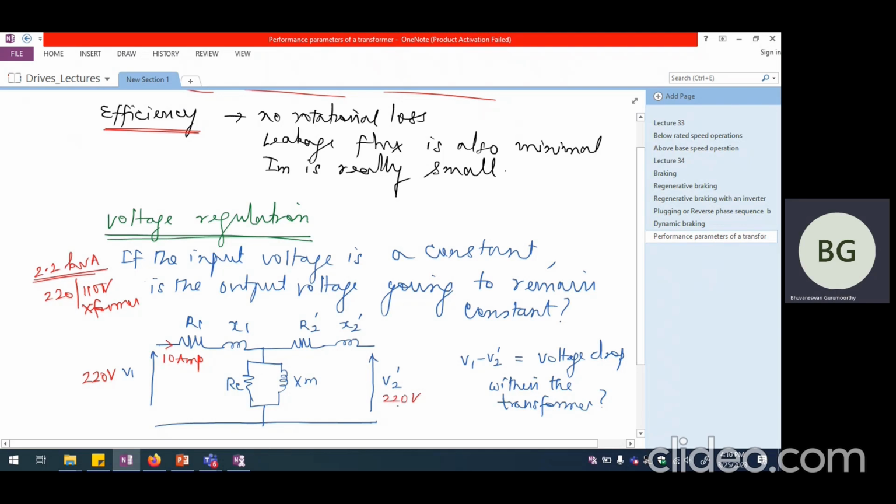So will I get the complete 220 volts when I apply 220 volts on the primary side and 10 ampere is flowing through the transformer? If I'm getting only 218 volts instead, then 2 volts go as the drop within the transformer itself. That definitely tells on the performance of the transformer; it is somewhat deteriorated if the voltage is being dropped within the transformer itself. We will talk about this voltage regulation in detail in the next class.